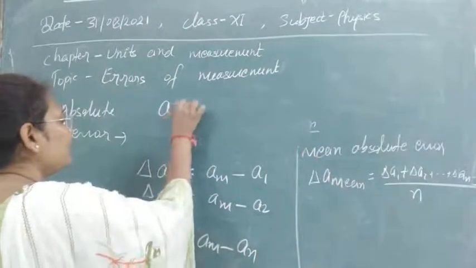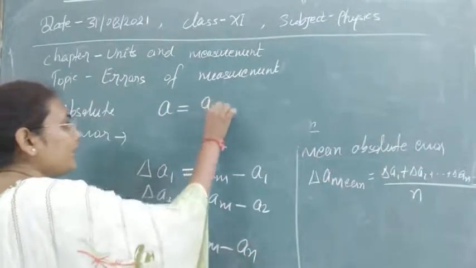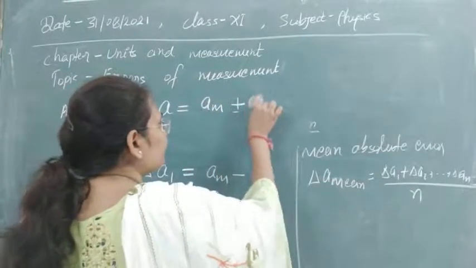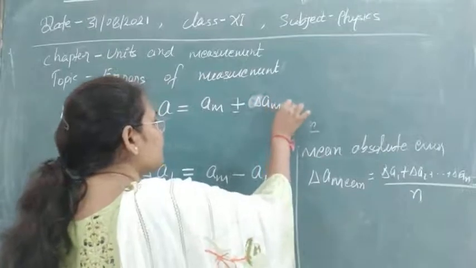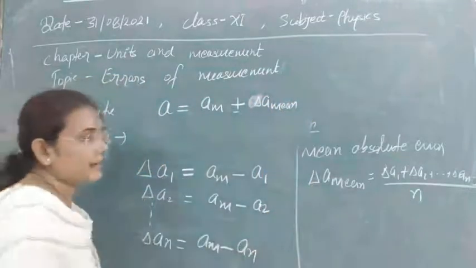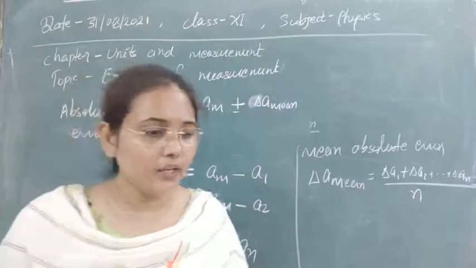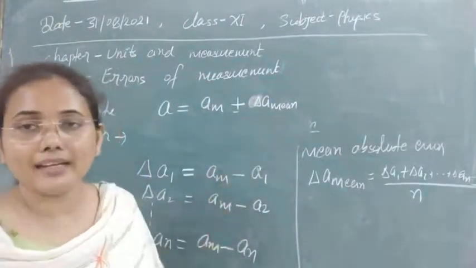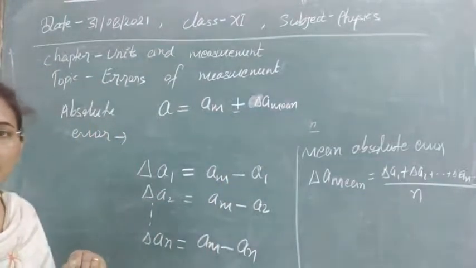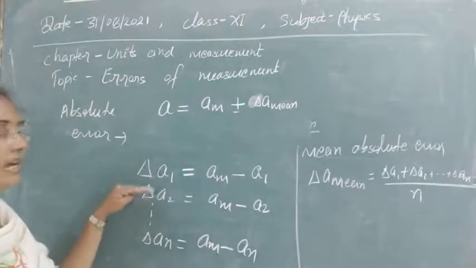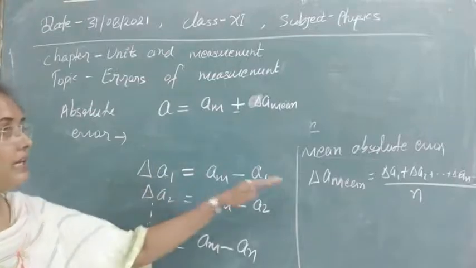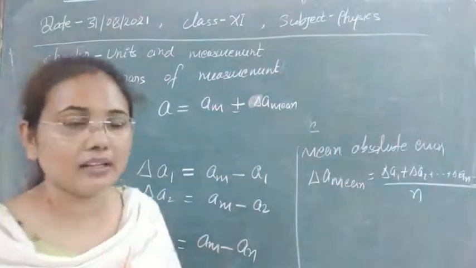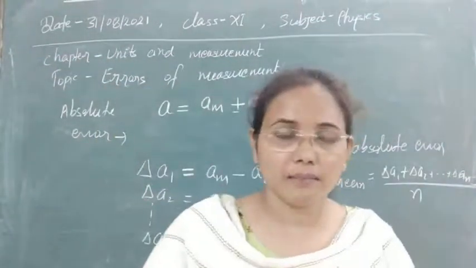So the true value A will be equal to the mean value plus or minus delta A mean, because the measured value can be greater or lower than the true value. This is the way to write the true value of any physical quantity. By a number of experiments we calculate individual errors, then the mean error, then the mean, and adding them we can calculate the true value.